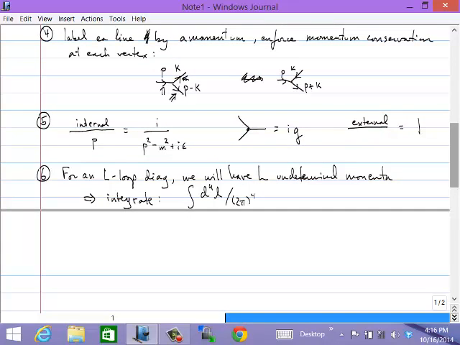And the thing to notice about this is that these internal particles do not have to have the property that their momentum squared is equal to the mass squared. So for a solution to the equations of motion, a plane wave solution, k squared is equal to m squared. That's the equation of motion. Okay. But the internal particles do not have to obey the equations of motion.